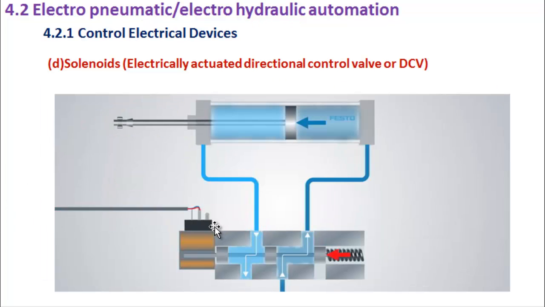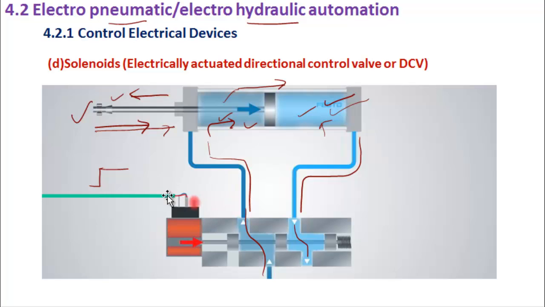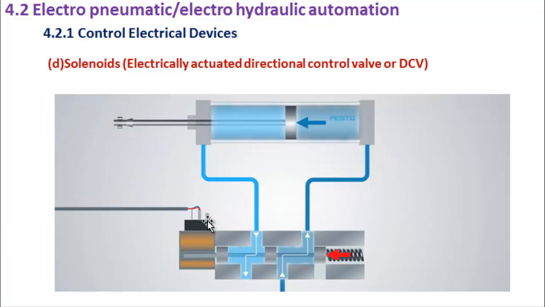See, previously we had switched on. Now when we are switching off the solenoid, the spool has come all the way back, because of which now this path and this path are connected, whereas this path and this path are connected.